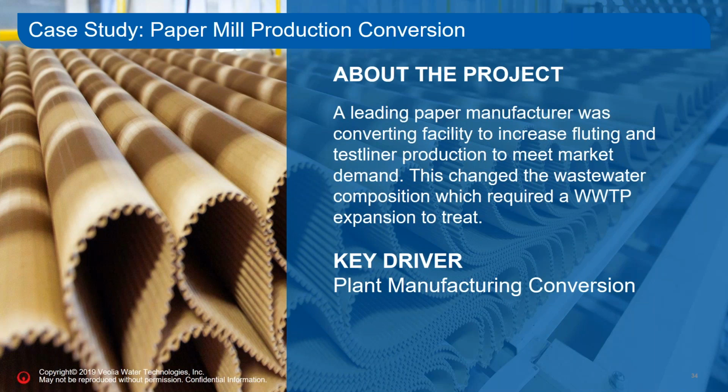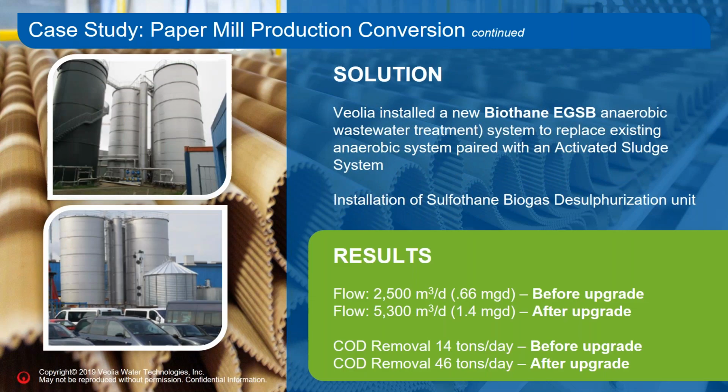This had a big impact on the wastewater, as I explained earlier, so that called for a wastewater treatment project. On the next slide, you see that this system has sort of doubled in hydraulic capacity after the upgrade, and sort of tripled in the COD removal capacity.